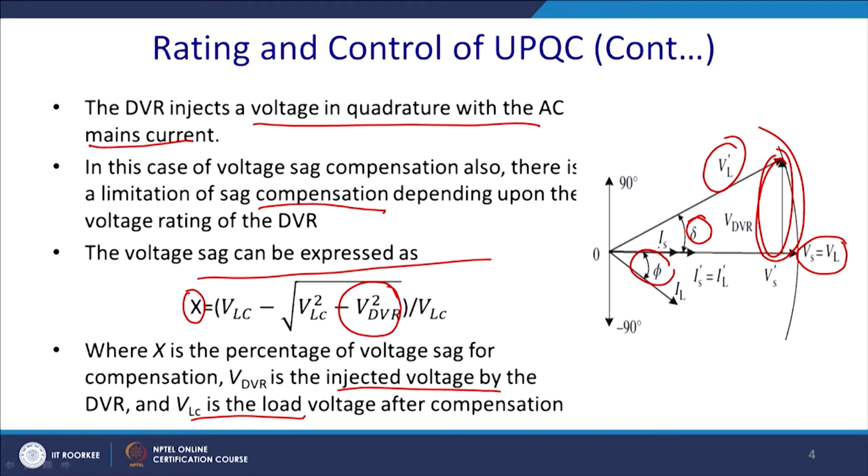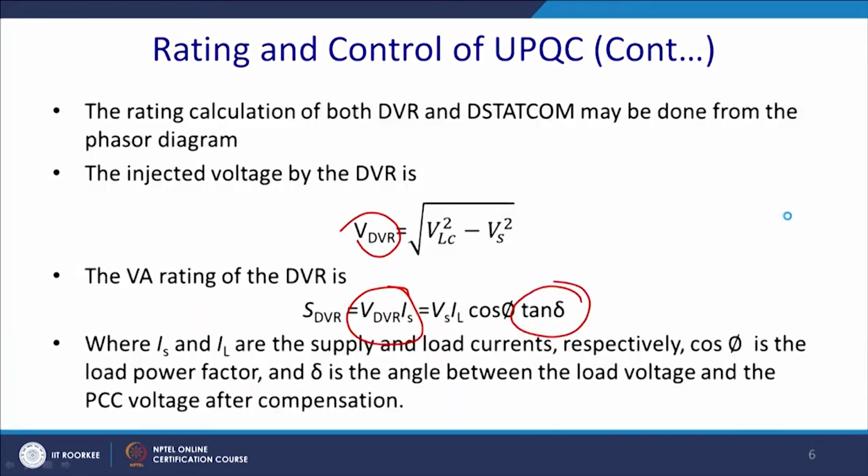Now, while compensating, IS becomes IL and definitely Vs becomes Vs prime. So, ultimately tan delta is essentially VDVR by Vs. From this phasor we can substitute VDVR in terms of Vs. So, that is the system rating: Vs IL cos phi into tan delta.